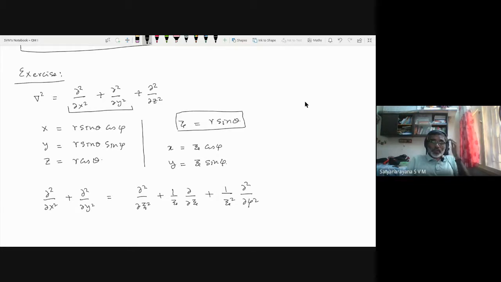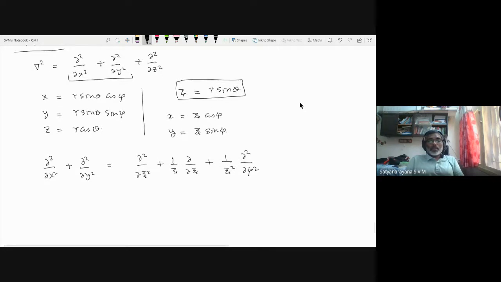From whatever we have written so far, we can write it like this. Correct? Now, that means del square is going to be equal to del square by del xi square plus 1 by xi into del by del xi plus 1 by xi square into del square by del phi square.